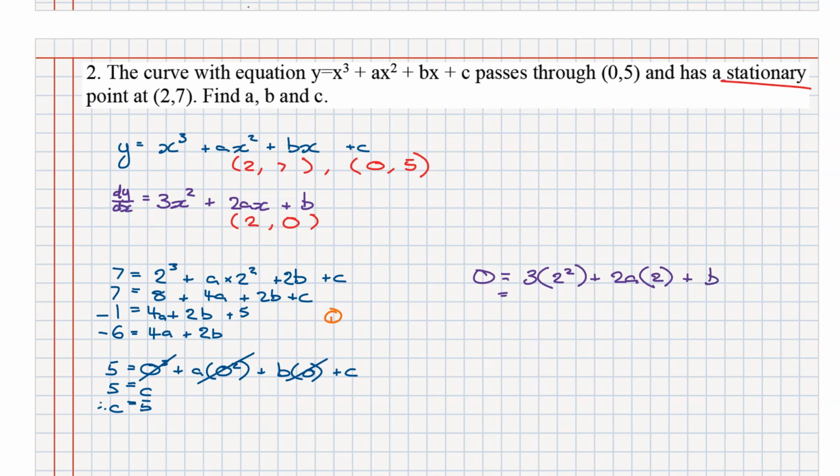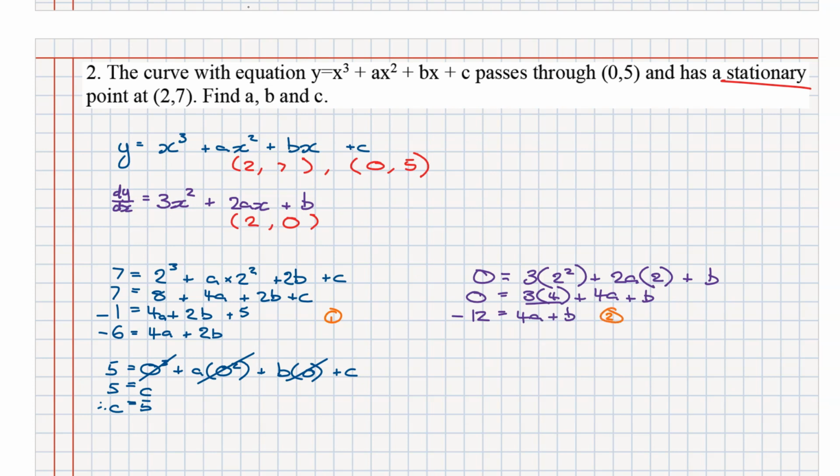That's better. 0 equals 3 times 4 plus 4a plus b. Therefore, negative 12 equals 4a plus b. All right, awesome. This will be equation 2.